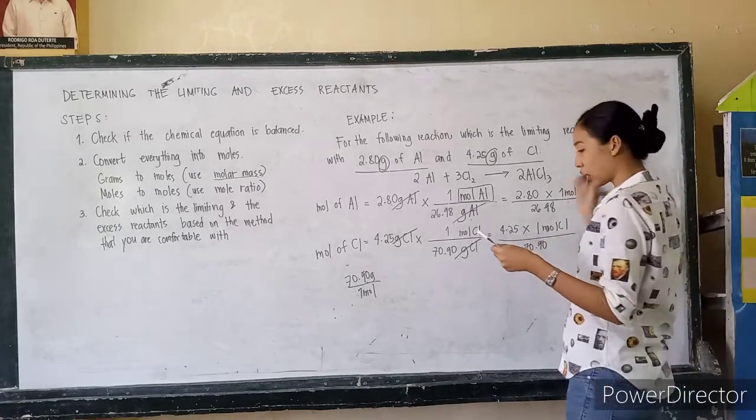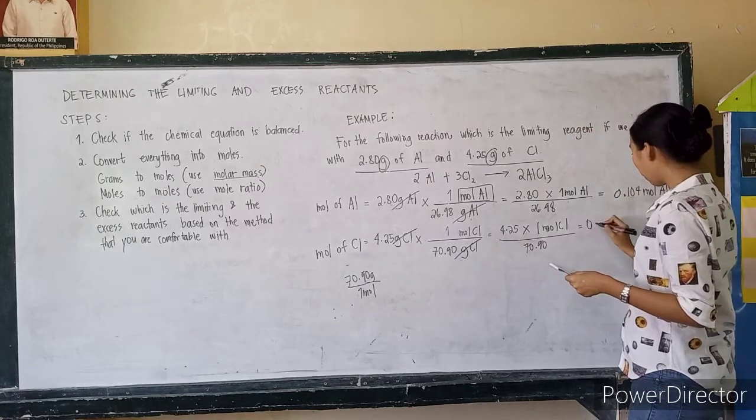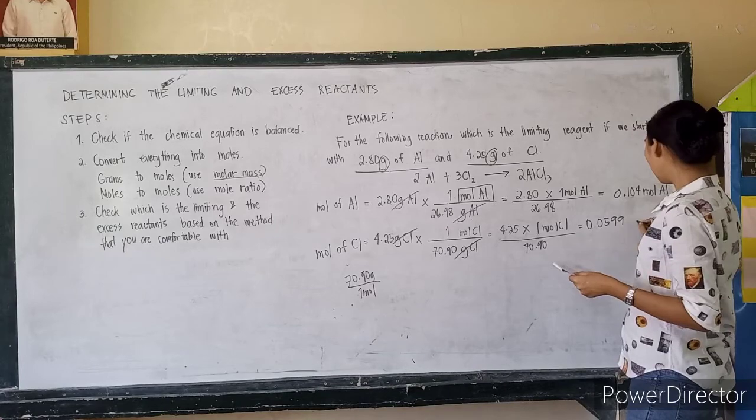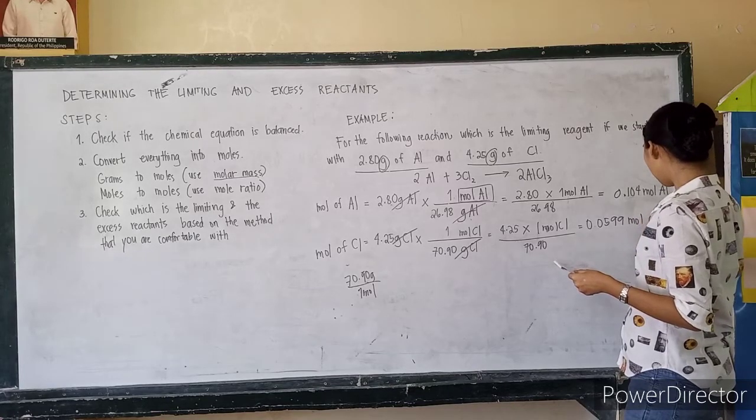Using your calculators, it will become 0.0599 mole of Cl.